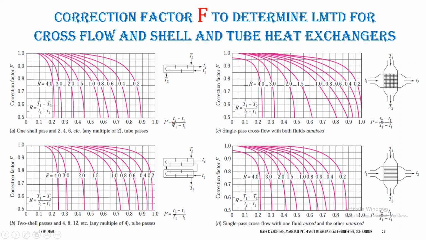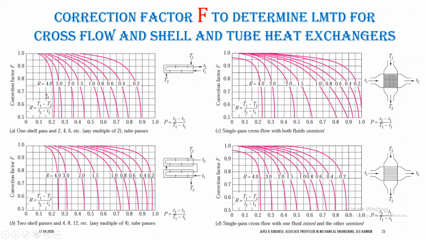So parameter P is equal to t2 minus t1 divided by capital T1 minus t1. One more parameter is R. R is equal to T1 minus T2 divided by t2 minus t1. T1 minus T2 is the temperature difference of the shell fluid, and t2 minus t1 is the temperature difference of the tube fluid.